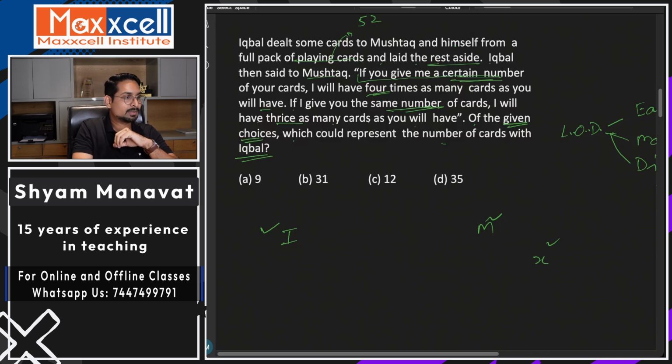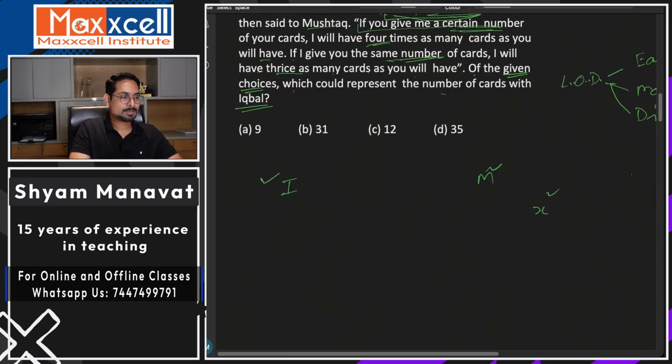If they didn't give this condition of leaving some aside, we could have said the number of cards with Iqbal plus the number of cards with Mustaq is equal to 52, because total 52 cards are there. But because they said he also left the rest aside, there are some cards kept aside, so we don't know the value of I plus M either, right? Okay, cool. So I hope you are clear.